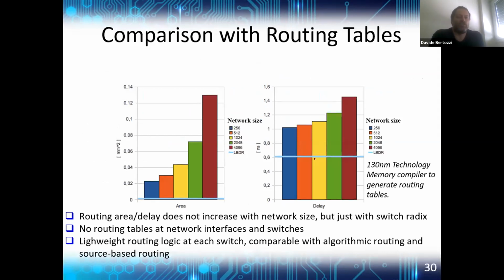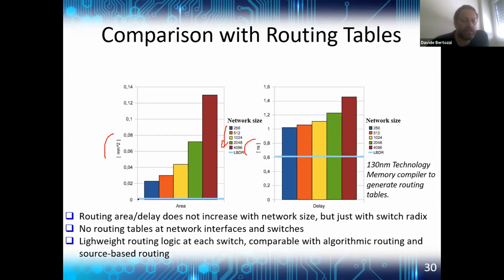First of all, let's try to realize that this is bringing you benefits with respect to table-based routing. Here, in a 130 nanometer technology, we used the memory compiler to generate routing tables, and we measured the area of the routing tables and the access time to the routing tables. We did that for a growing network size, from hundreds to thousands of cores.